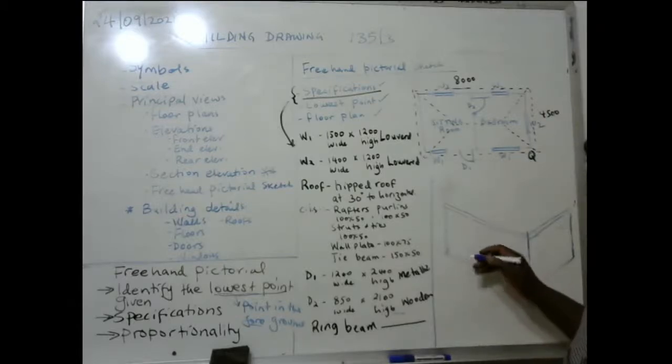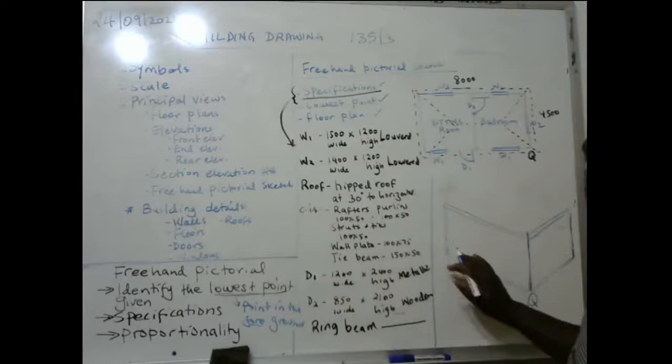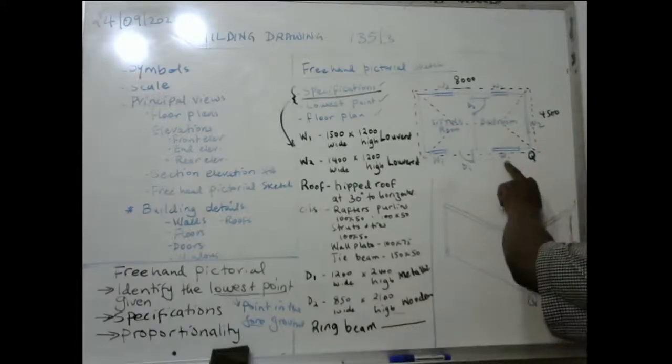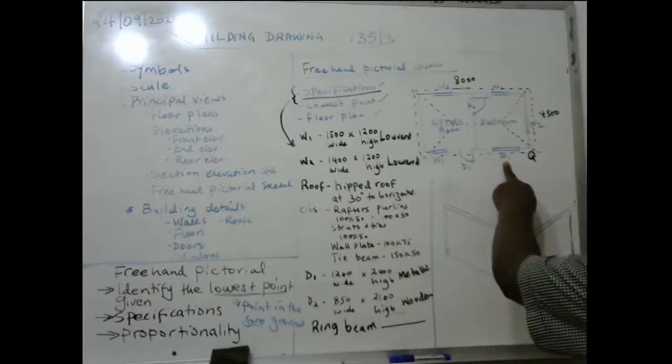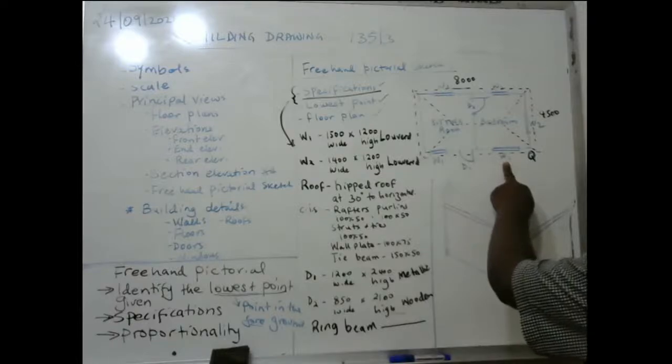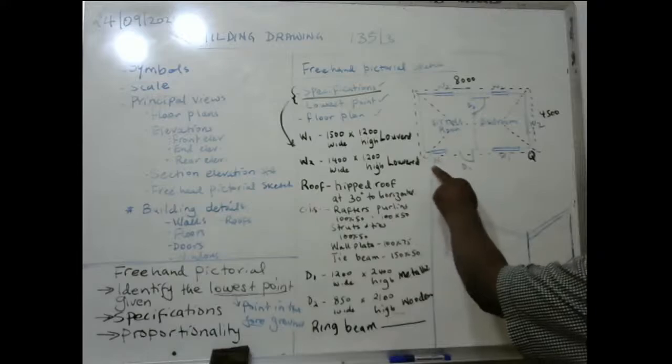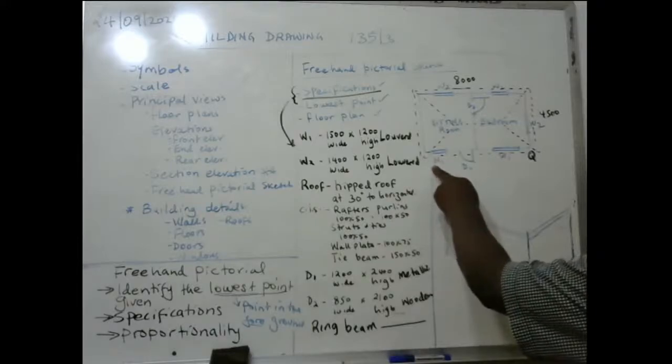So if at this level here, you realize that with reference to point Q, we have window 1 on the immediate left, then we have door 1 in the middle, and we also have window 1 on the extreme left.